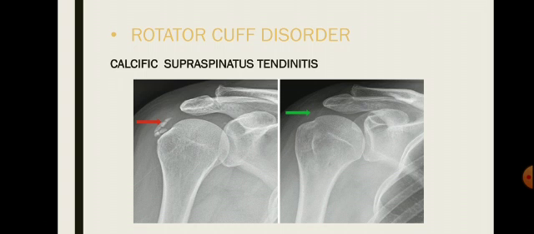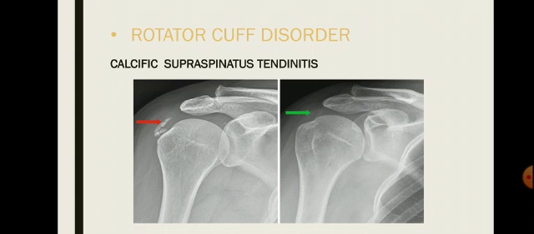As a result of this, the supraspinatus tendon gets calcium deposits. This causes irritation to the subacromial bursa. As a result, there occurs subacromial bursitis, which is an inflammation. When abducted, this bursa will be caught between the tendon and the acromion process.